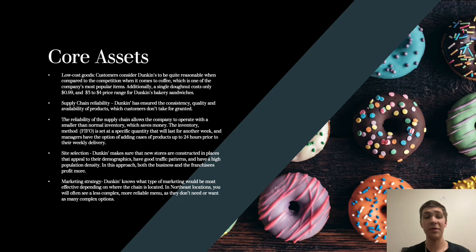For example, in northeast locations, you will often see a less complex, more reliable menu as they don't need or want as many options. For example, there are a lot of things like black coffee rather than a frappuccino with sprinkles, where in other places the demand would be higher for a frappuccino with sprinkles. They're very good at seeing their target market.